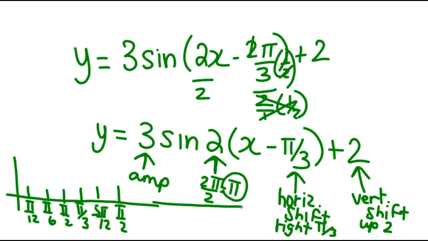Okay, so then I did this all the way to 1 full pi, just so that I had a third marked on here, so that I know that I have to move 1, 2, 3, 4 ticks for my shift. Okay? 1, 2, 3, 4. So my last tick is 12 over 12, which is pi. Okay?